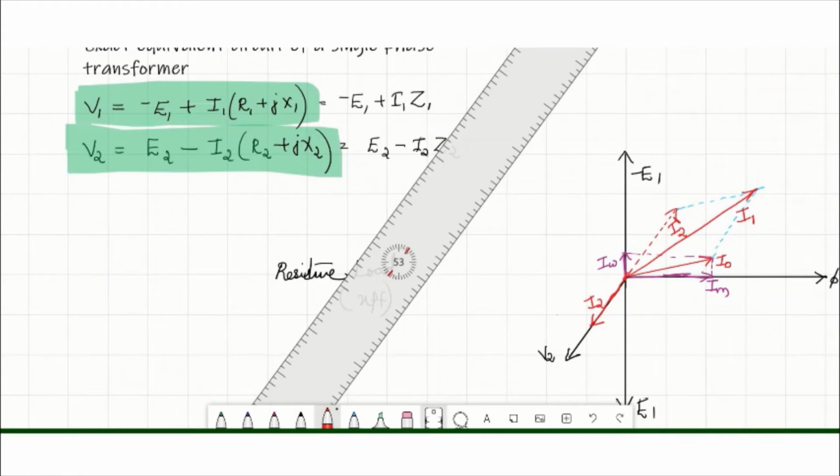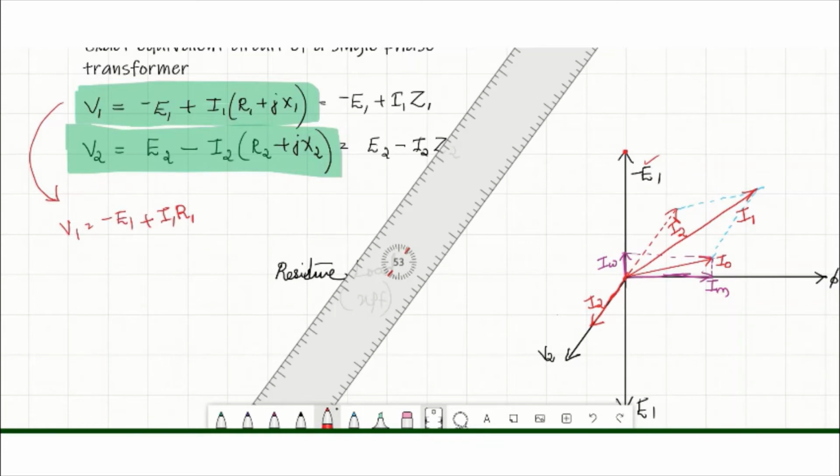Now consider this equation. V1 is equal to minus E1. We have minus E1 here. Then plus I1 into R1. We have to add I1 R1 to minus E1. So we have to draw I1 into R1 here.